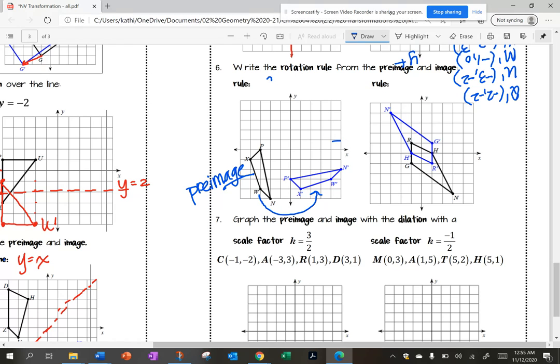So I'm going one turn, so that's 90 degrees, and I'm going counterclockwise. Okay, so I'm going to look at N here, going to N prime, and it doesn't matter if I go this way or this way. So this is a 180 degree rotation. So I'm doing 2 turns and no direction.